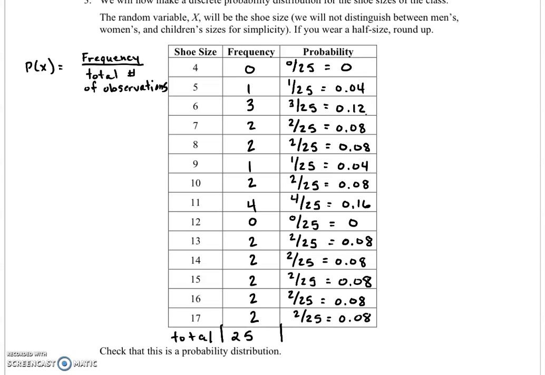So if we look down through here at our probabilities, that's true. And we should also check that the probabilities add up to be 1. If you add all of these together, you will indeed get 1. And so it is a probability distribution because it meets the requirements we talked about above.